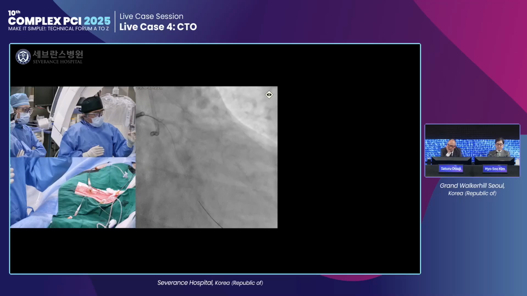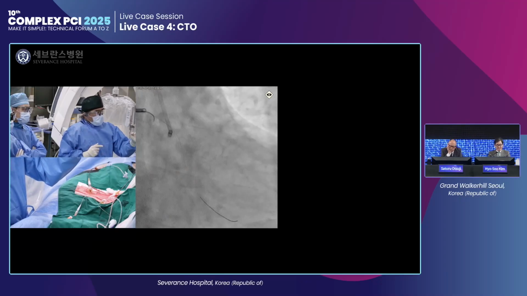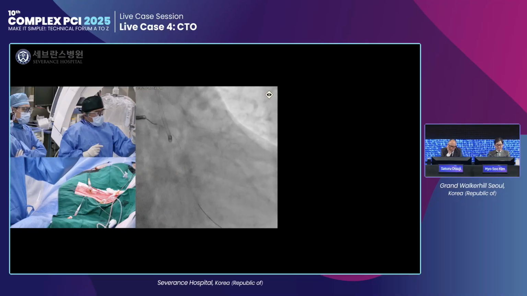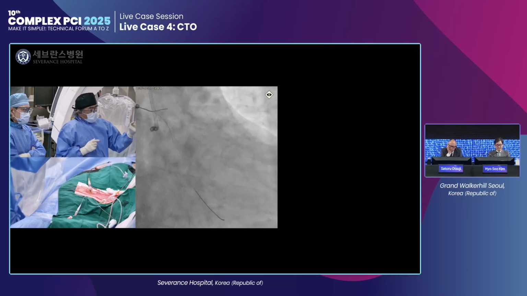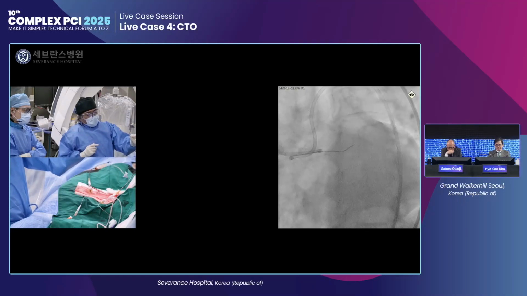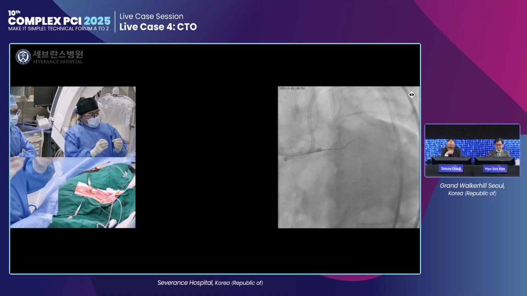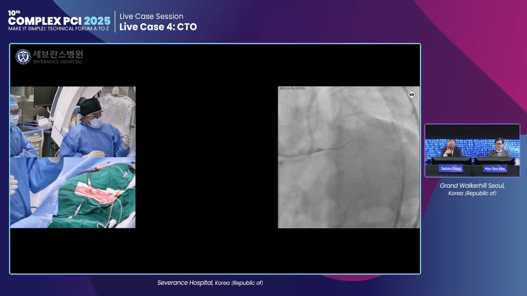Next one. So it is not easy to approach this portion, and there is also slippage. However, the intermediate branch previously mentioned is just after the LAD ostial region.